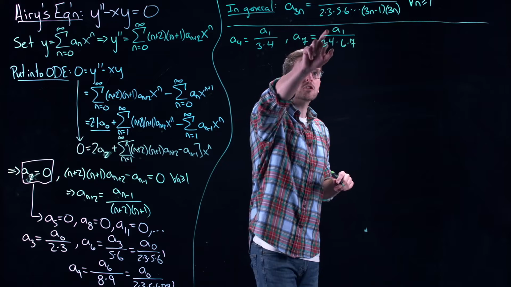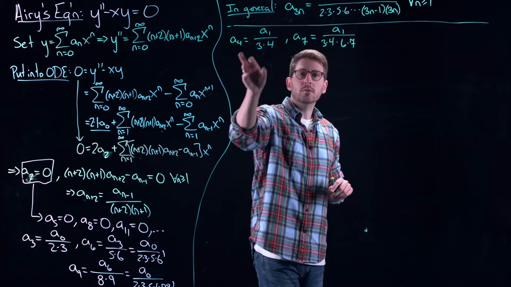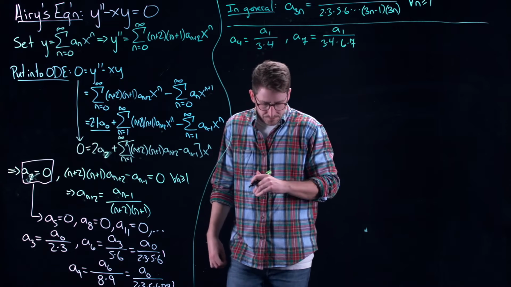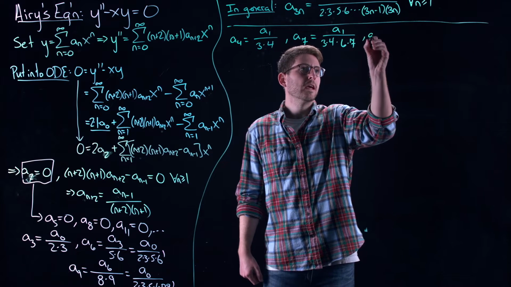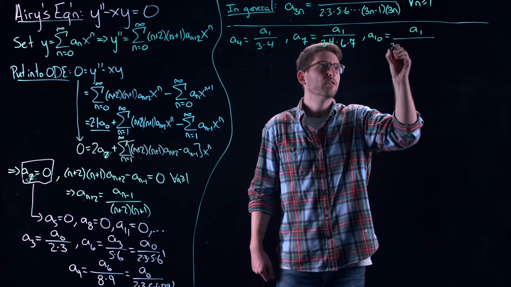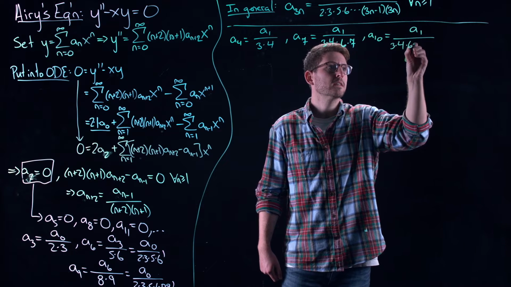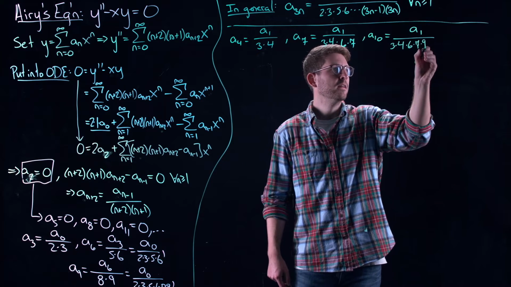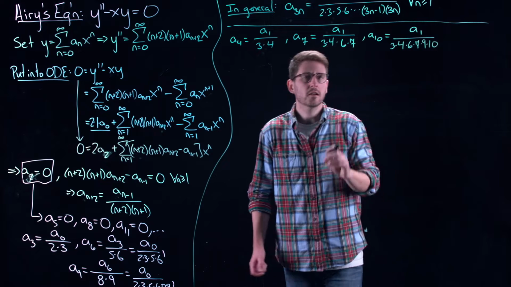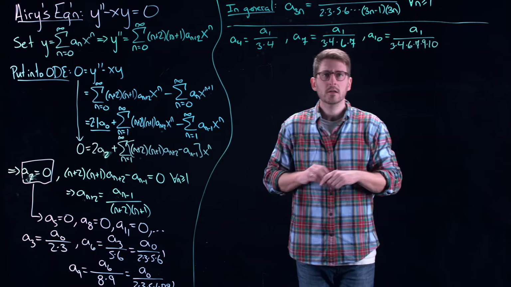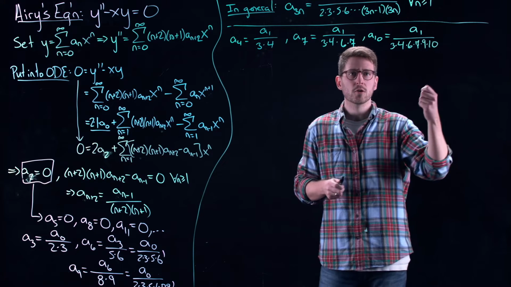And I went ahead and just jumped through; I didn't put the A4 intermediary term in there, just for simplicity. Similarly, A10 is going to give me A1 over 3 times 4 times 6 times 7 times 9 times 10. All right, so again, you're seeing those pairs of integers being multiplied together, and then you're sort of skipping every third integer, right?